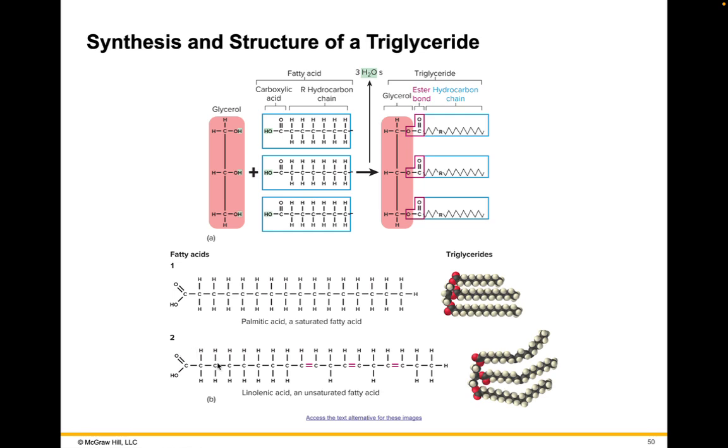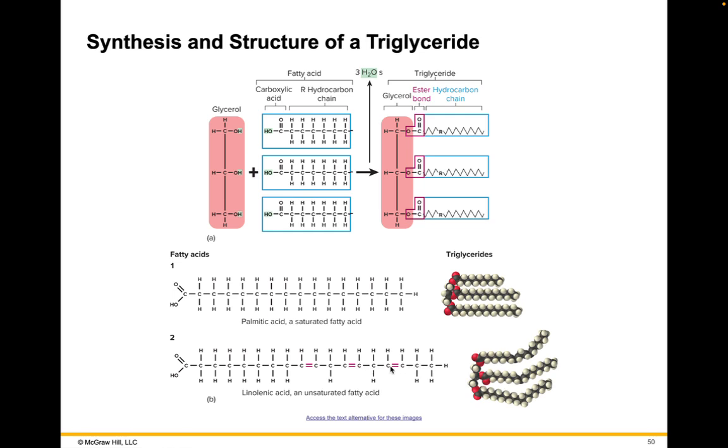The second type is unsaturated fatty acids. So they are not going to be straight. Notice the kink here, or the bend in the molecule. Everywhere, or almost everywhere that there's a double bond, it's going to off-skew the shape a little bit, and so it's not going to be straight. It's not going to just have single bonds.